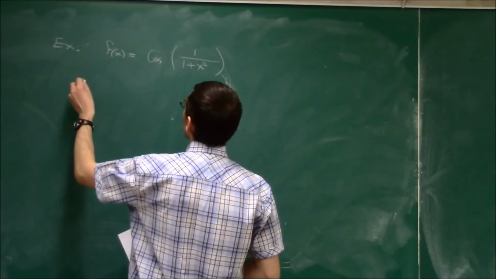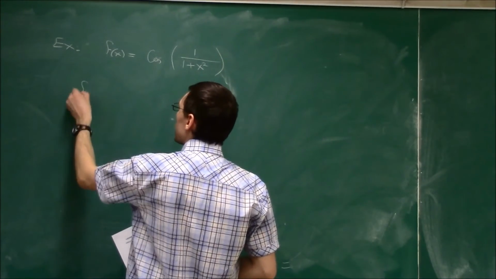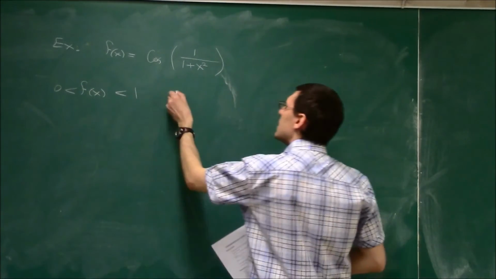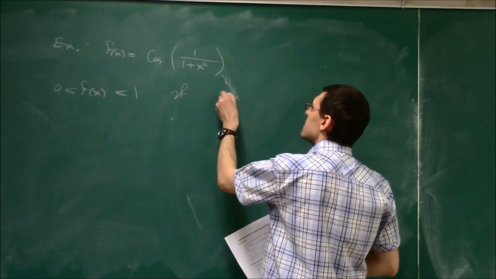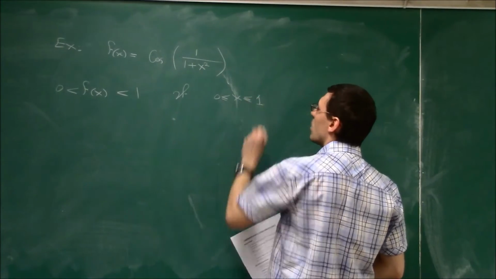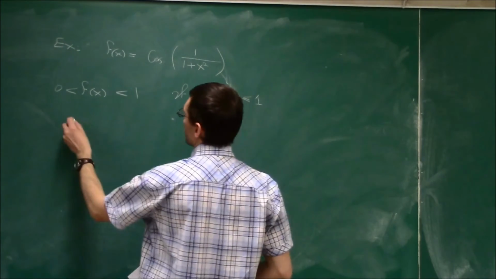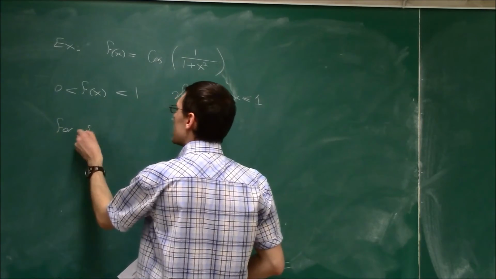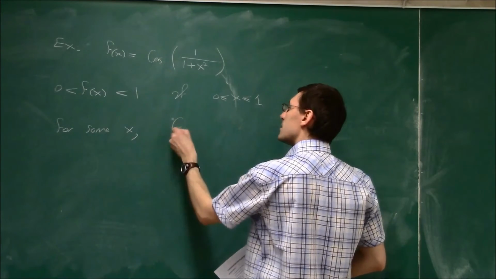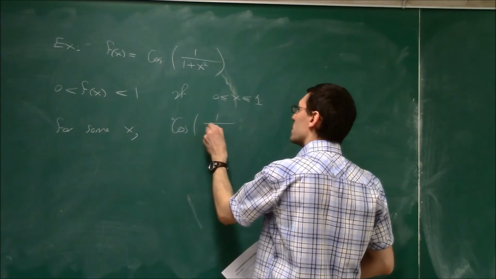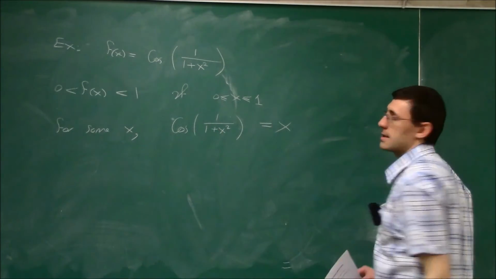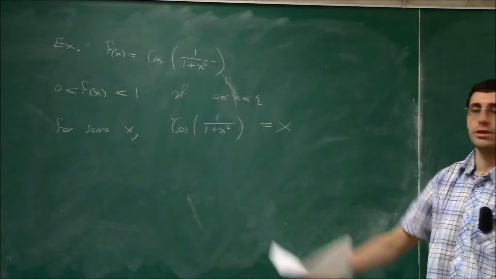But what we know is that this function f of x is always less than 1 and always bigger than 0 if x is between 0 and 1. So what we have just effectively shown is that for some x, cosine of 1 over 1 plus x squared is really not doing anything to that x. It's just giving you back that same input. That's what we have shown in general.